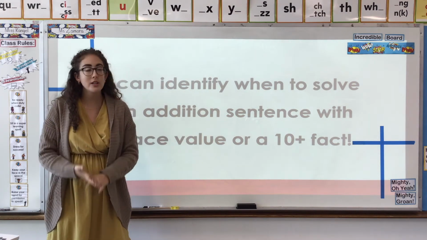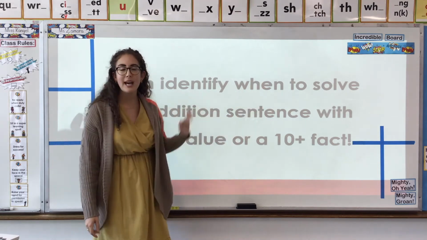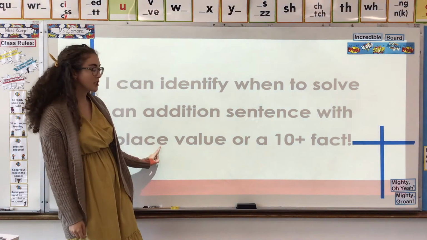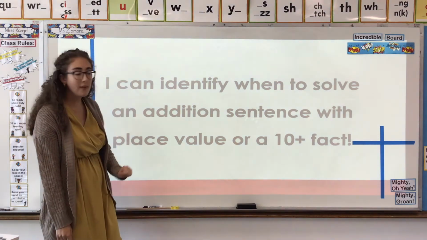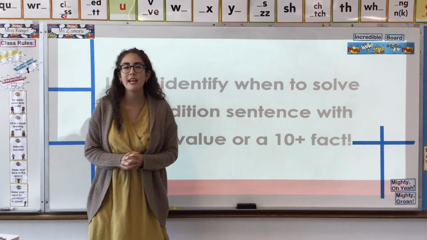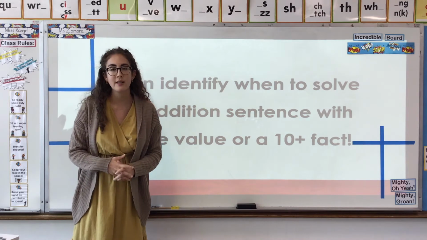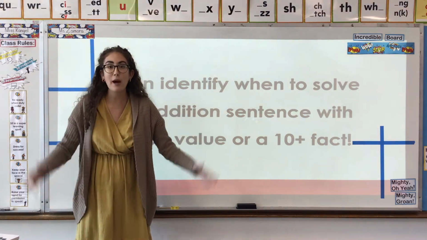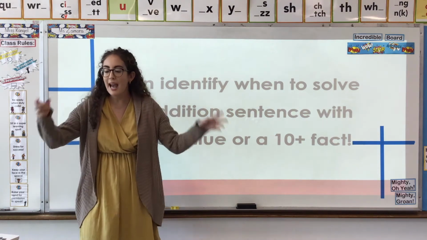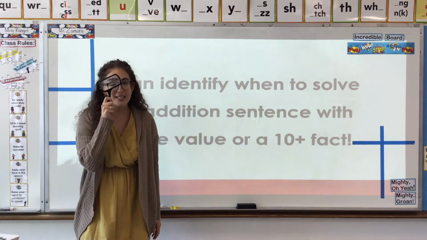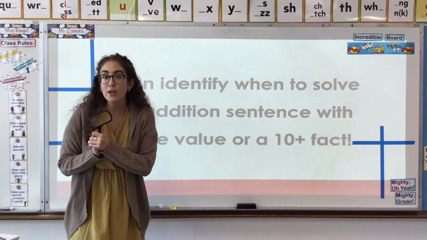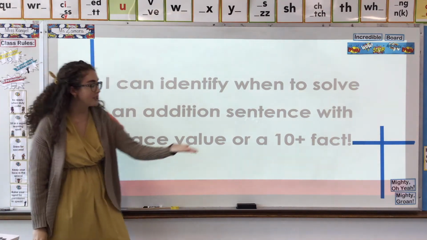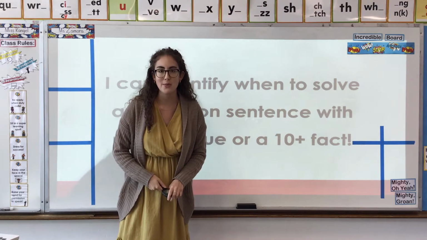And today we are going to learn when we look at an addition problem, will it make the most sense for us to solve this with our place value knowledge or solve it using a 10 plus fact? There's going to be different addition situations that we're handed, and we have to be our math detectives and look for the clues to tell us which mental math strategy we are going to use.